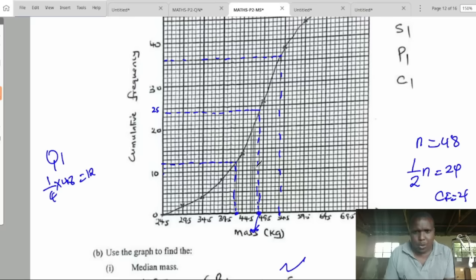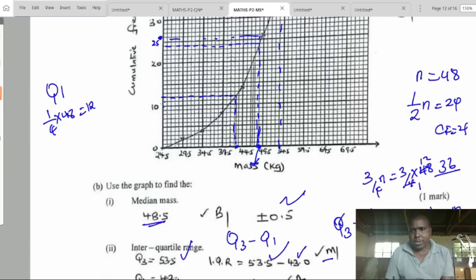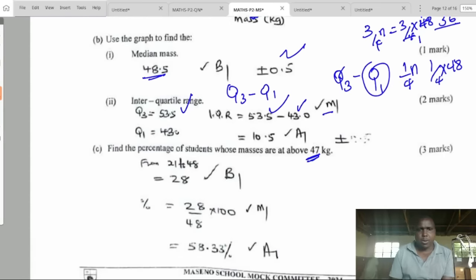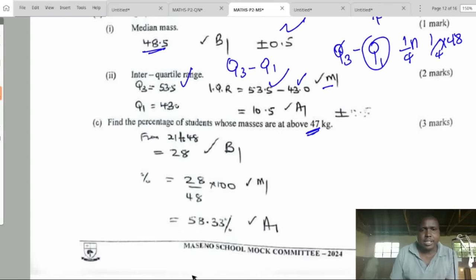You draw at 47, which could be somewhere there. You draw to where you meet the curve, and then you come across. So you read the CF there. So once you read the CF there, now the CF for that one is 28, out of 48.